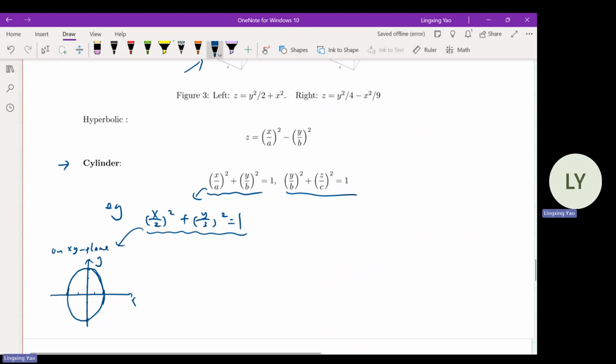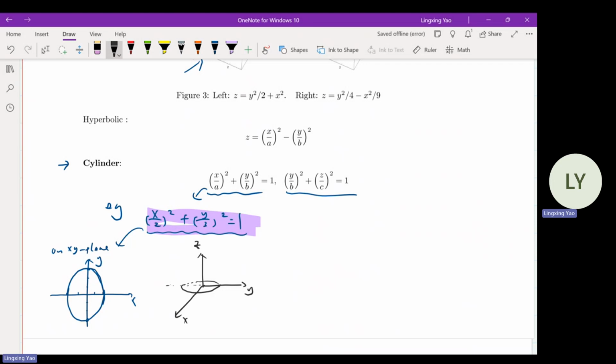But this is an equation involving X and Y only. If we move into three-dimensional space, what we really talk about is X, Y, and Z, and we do not restrict the choice of Z. Then what we can see is that we have this ellipse in the XY plane.